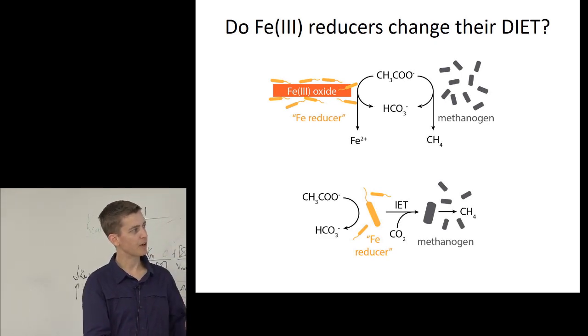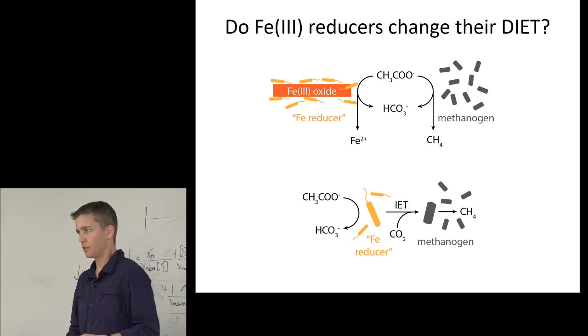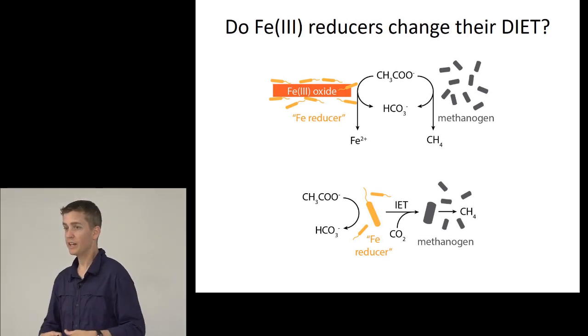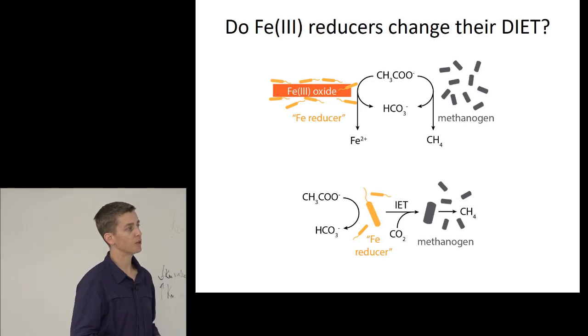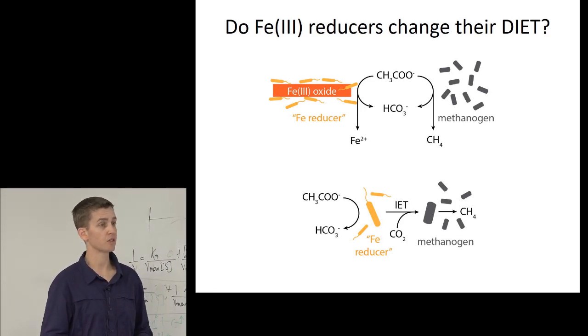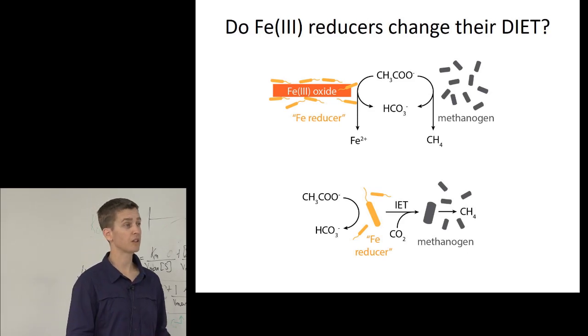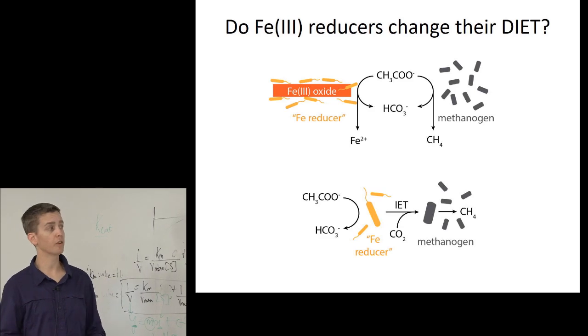This is pretty cool. It's a form of syntrophy, but basically, it's another option for those iron-reducing microbes. If iron isn't a great electron acceptor for them, they can collaborate with those methanogens, and essentially they're participating in methanogenesis. They're still able to grow a population, but they're not actually reducing iron, either directly or indirectly.